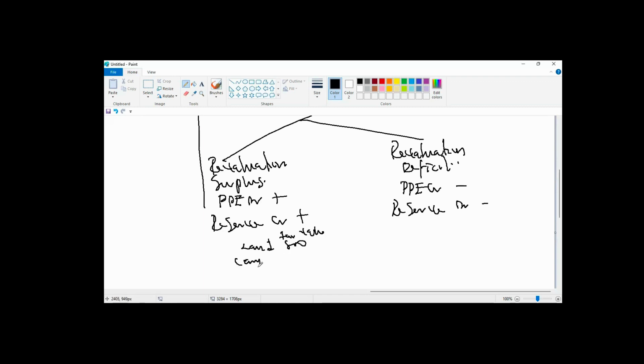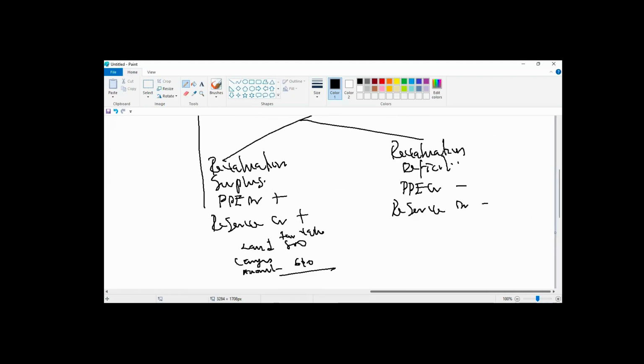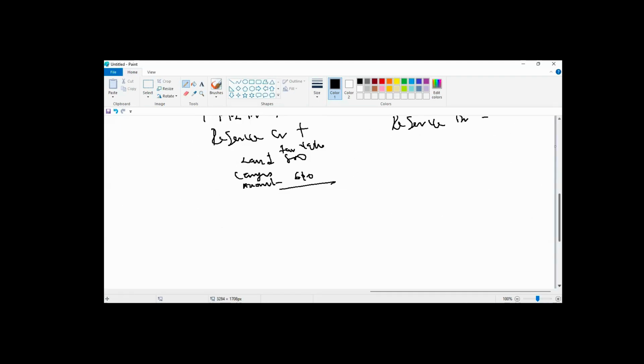Carrying amount in the book, 610. It has created a surplus, 190. Debit the PPE.